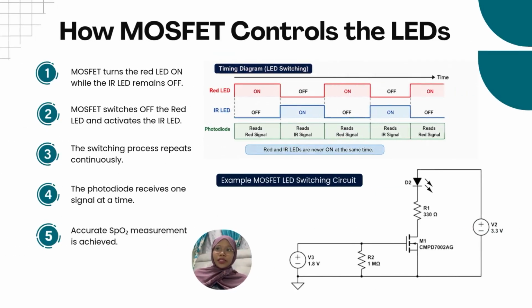This slide explains how the MOSFET controls the operation of the LEDs inside the pulse oximeter. First, the MOSFET turns the red LED on while the infrared LED remains off. During this time, the photodiode receives and measures only the red light signal. Next, the MOSFET switches off the red LED and turns on the infrared LED. The photodiode then measures only the infrared light signal.